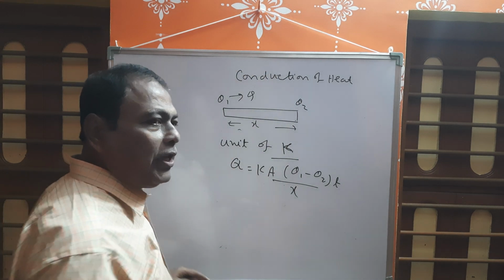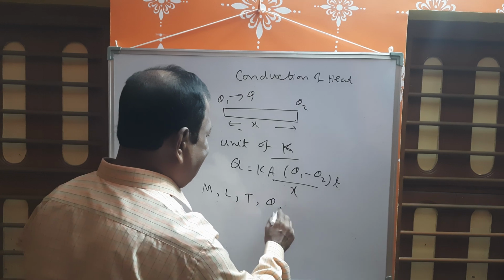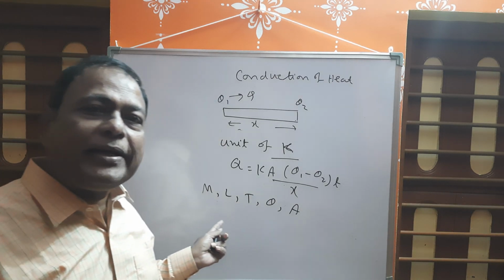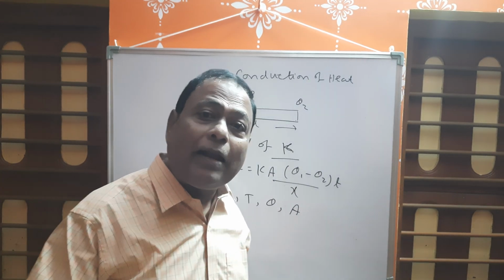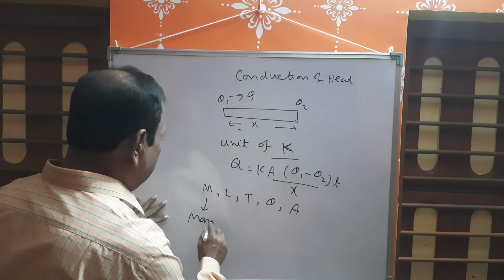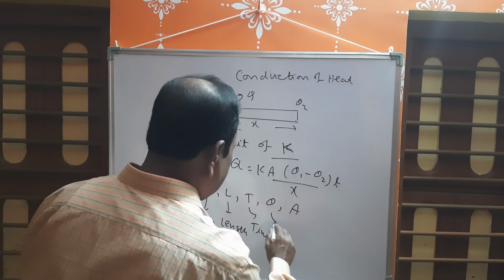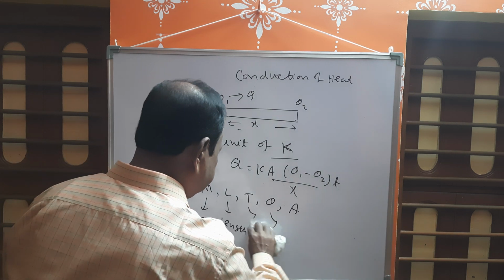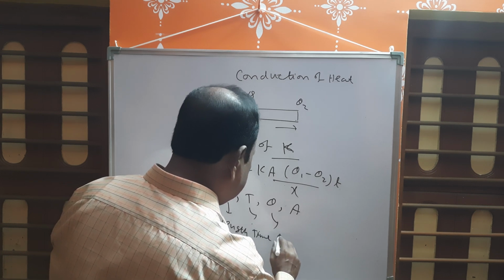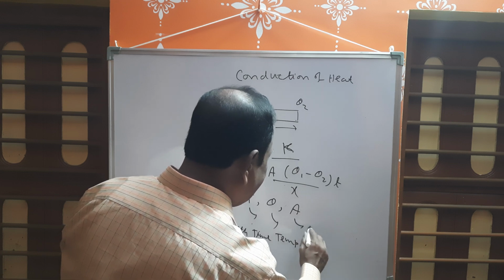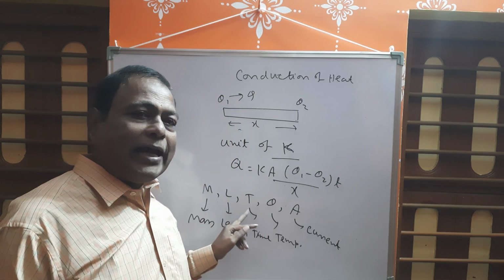For writing the dimension, you know M, L, T, theta and A are the fundamental quantities: M stands for mass, L for length, T for time, theta for temperature, and A for ampere, that's current.